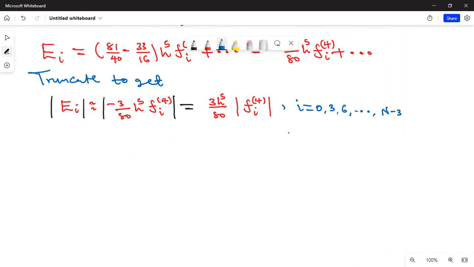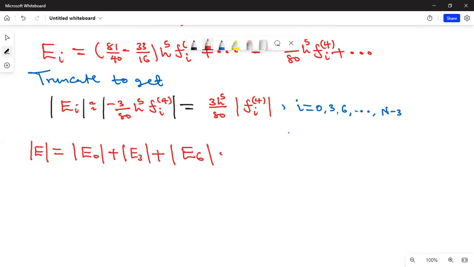So when you want to get the total error, the total absolute error is now the sum of all those errors. So you write E0 when i is 0, plus when i is 3, that will give us E3, plus when i is 6, that will give us E6.